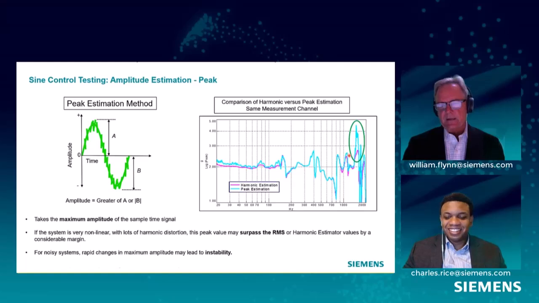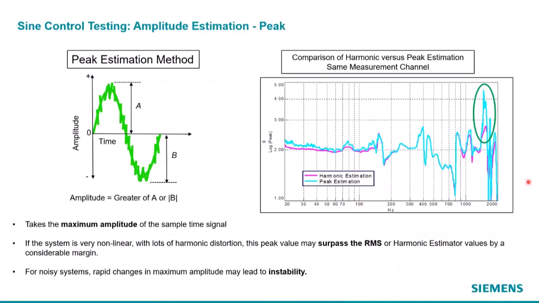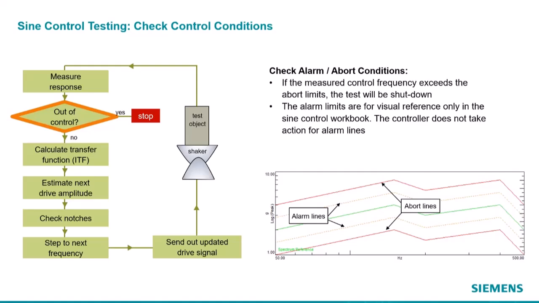So if you've got a lot of noise, or maybe you're hitting some nonlinearity and getting some response to those nonlinearities, you could way overestimate your control amplitude. You can see with the peak estimator, you can get some pretty high peaks of response. So that's another one that you can use to monitor if you'd like. But those are all the choices for the amplitude estimation.